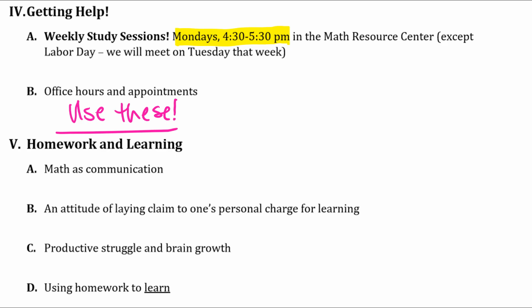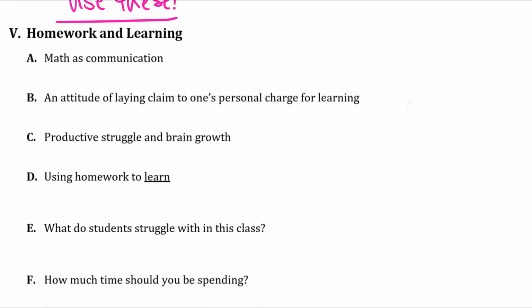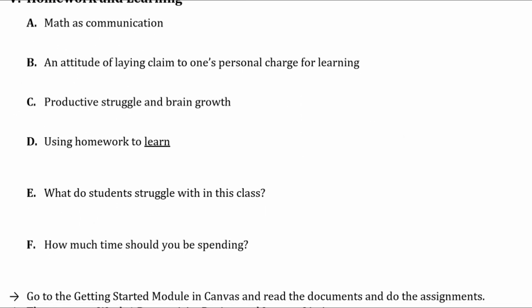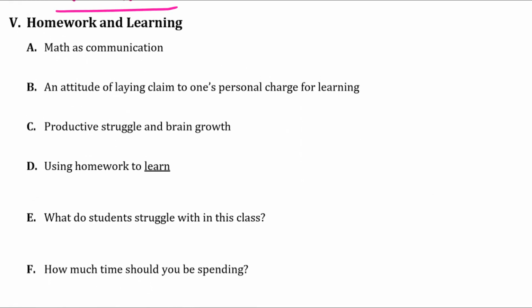All right, this last little section that I want to talk about is really just about thinking about math and learning math. So first of all, I want you to think about, and maybe you've already thought about this before, that math is really a language. And so it's a way of communicating ideas. There are a lot of things that are important in any kind of language: syntax, punctuation kinds of things, using the correct symbols, right?